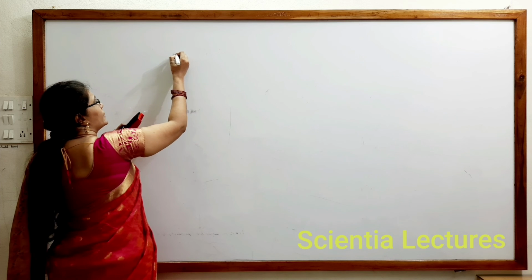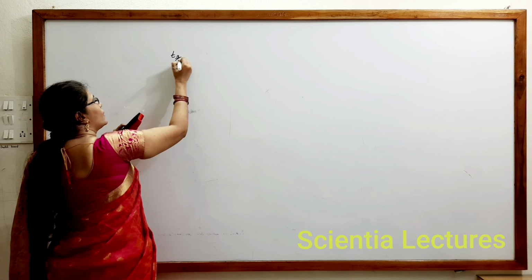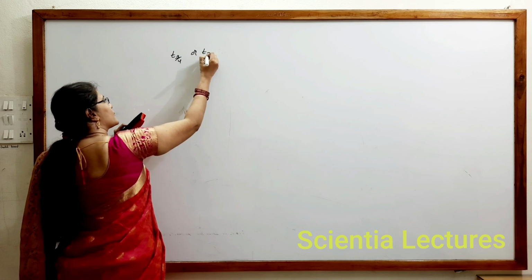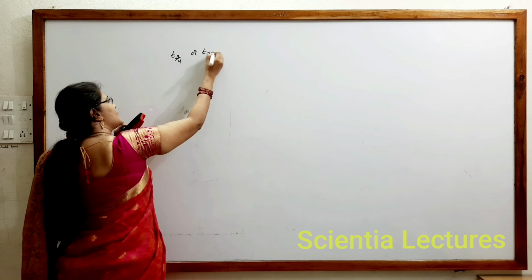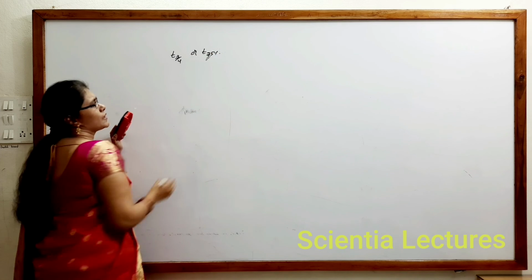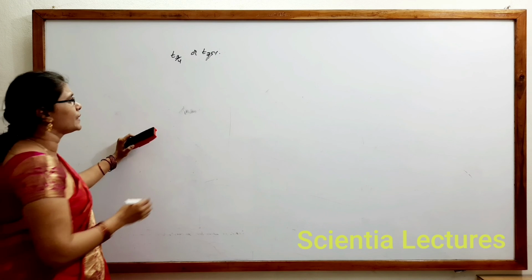Now let us take T 3 by 4 or T 75%. T 75% in the sense 75% of the reaction is completed.